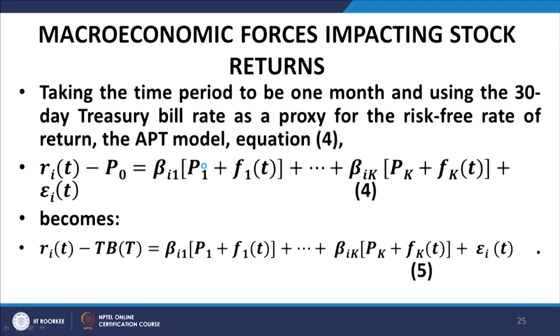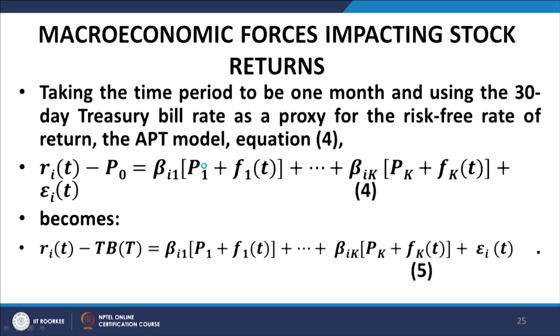Now, we talk about the approaches to estimating the APT model. The APT model is much too general, extremely general. So, we need to find approaches which can be used for identifying the risk factors, and that is what we are coming to. We take the time period to be 1 month and use the 30-day treasury bill rate as a proxy for the risk free rate of return. Then we can write the APT model, as we discussed a few minutes back as well, that RIT minus P 0 will be equal to the expression that is given in equation number 4.